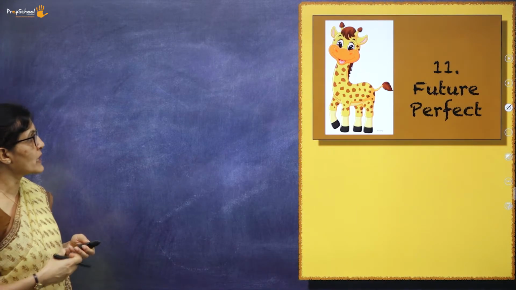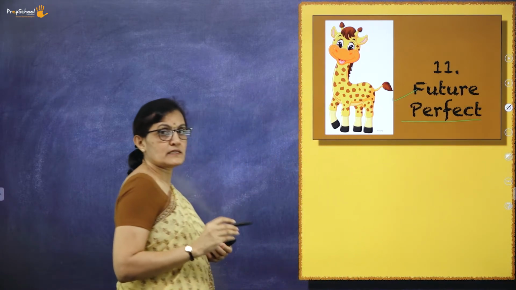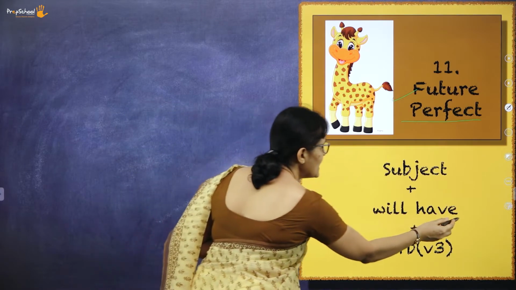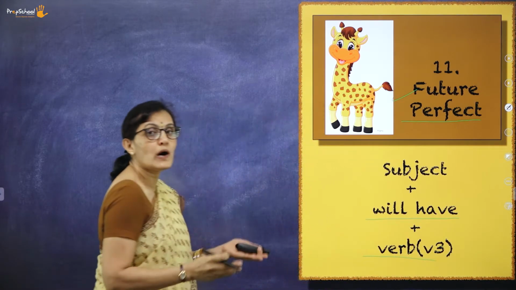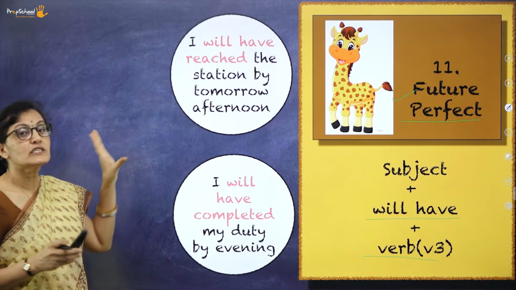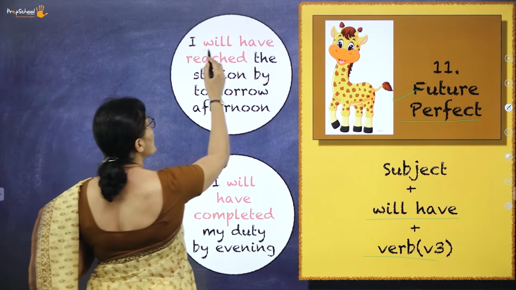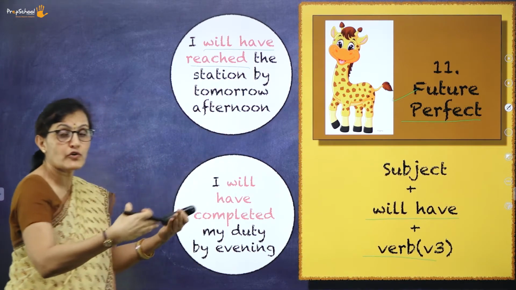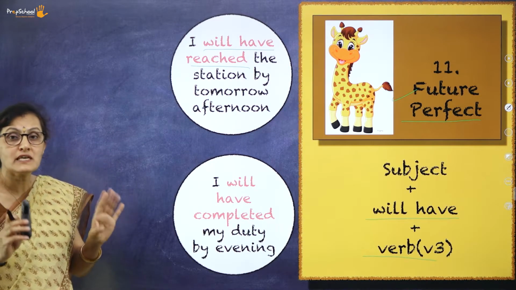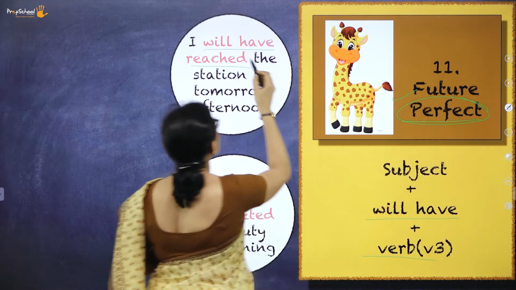Moving to the next one, future perfect tense. So you will have the subject and you will have along with verb. So what is it? I will have reached the station by tomorrow afternoon. I have not reached. I am going to reach. The perfect means I will have.